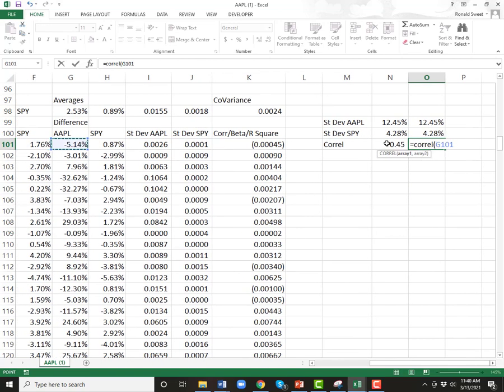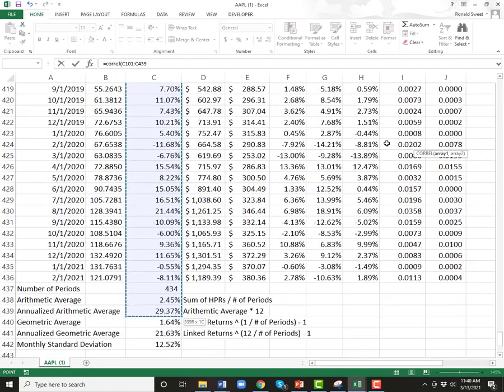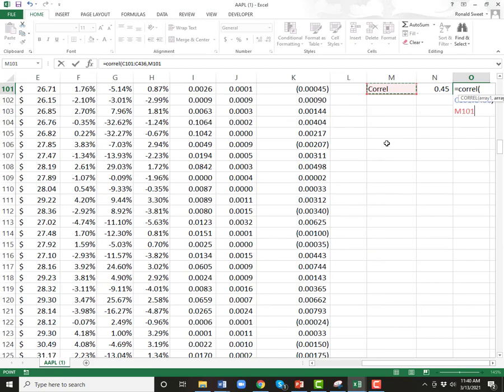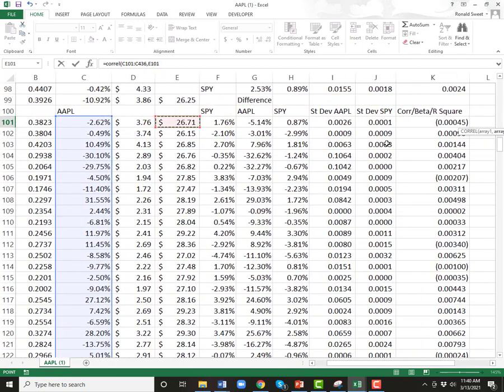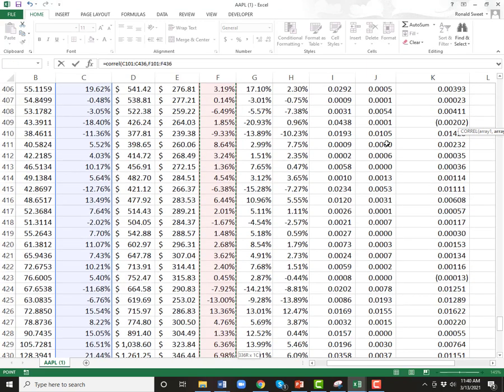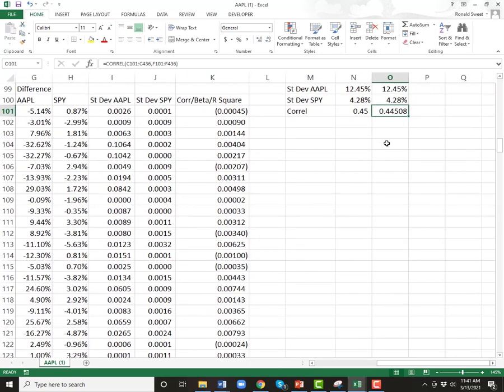We highlight Apple's returns, comma, the stock market returns. Make sure you know which one's the market returns versus the differences. I should have highlighted that better. That gives us the correlation, and it's the exact same number.